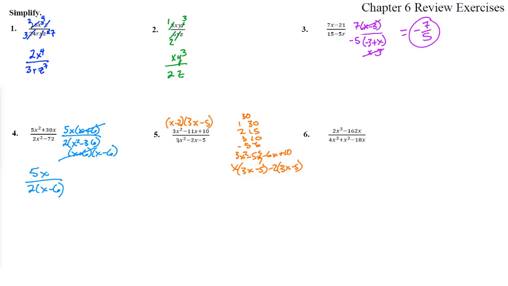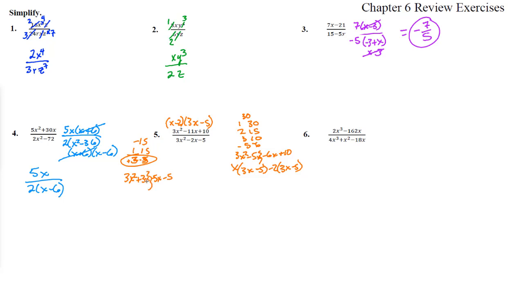The bottom one, similarly, we're going to take this over on the left-hand side. 3 times -5 is a -15. We have 1 and 15 and 3 and 5. And that would be a -5 and a positive 3. Yes, indeed. So 3x squared plus 3x minus 5x minus 5.